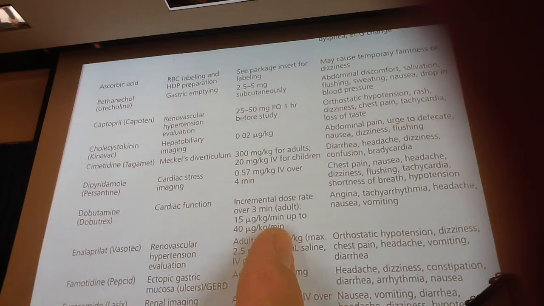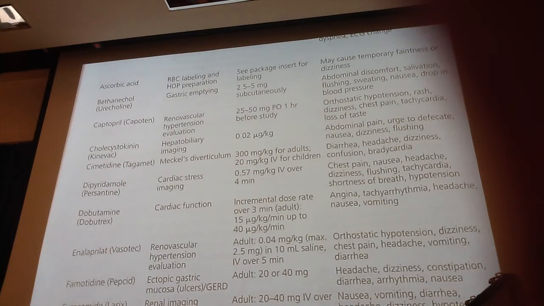We have a thing called the Bruce protocol. You ever hear of the Bruce protocol? It's the 6 stages of the treadmill where it goes up a certain inclination. But we're trying to get a certain heart rate, agreed? So how would you determine when your patient is at the proper heart rate? They're going to be monitored, so it's 85% of whatever the heart rate is supposed to be.